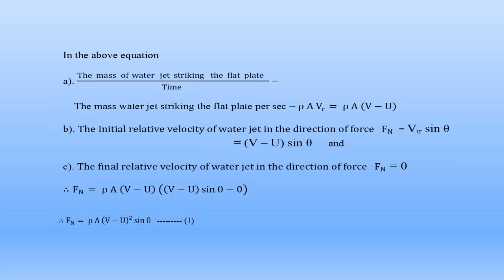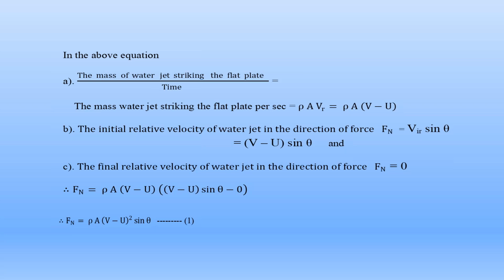Then coming to the final relative velocity: dear students, we know that with the direction of force Fn, the final relative velocity VFR makes an angle of 90 degrees. So the final relative velocity of the water jet in the direction of force Fn is 0.